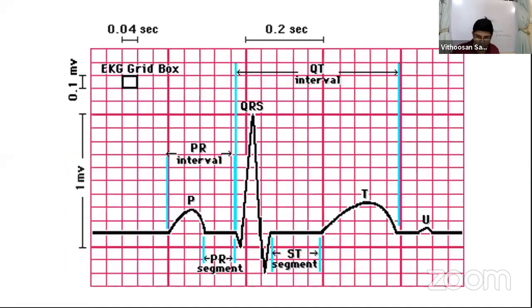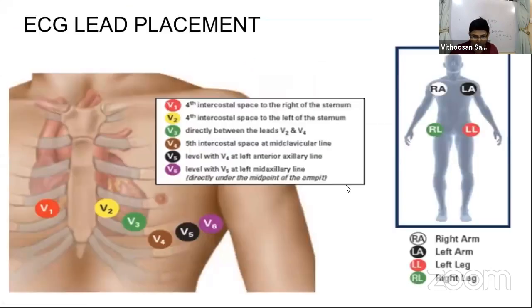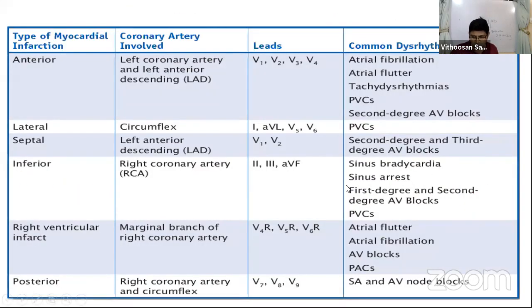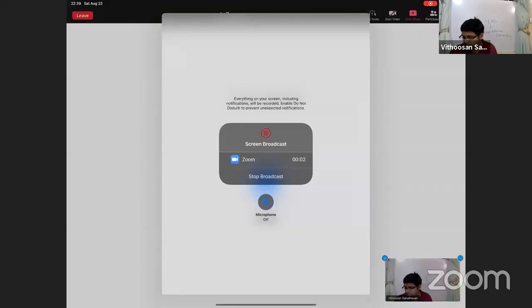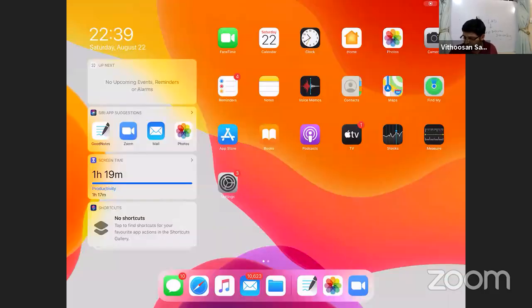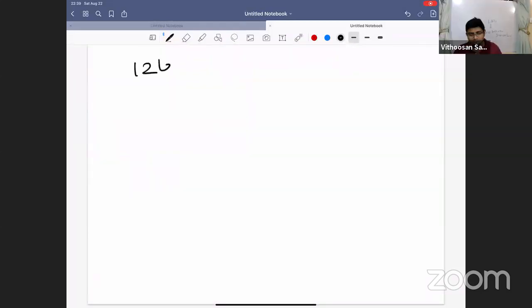Look at this, guys. Have you seen an ECG? How many leads are there in the ECG? Come on, guys, unmute and say. There are 12 leads.